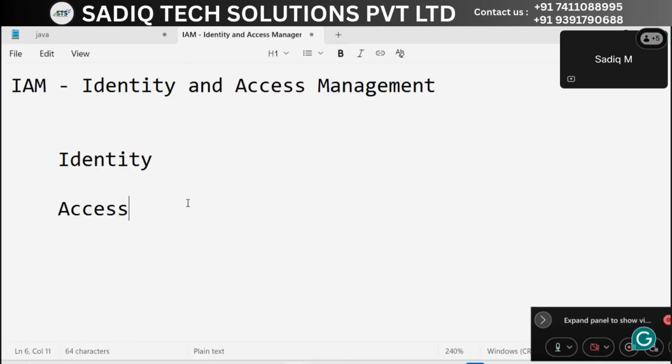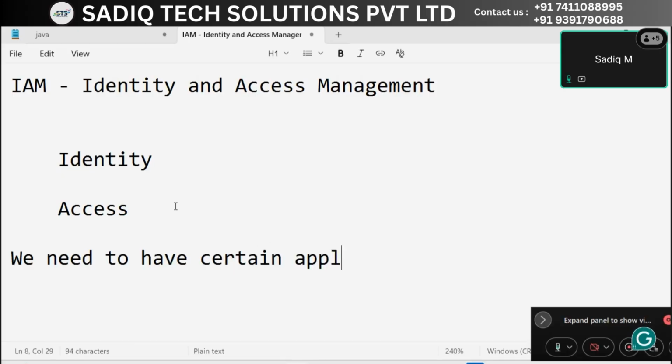In every organization, to run the business, we need to have certain applications. Let us take the typical scenario for an enterprise. What are the applications we need in general?